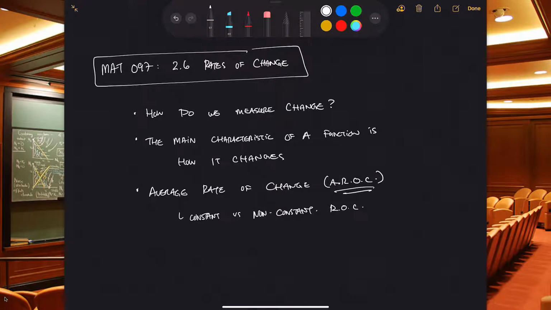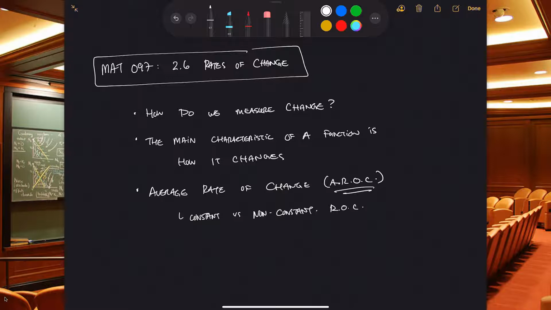So I'm going to start with a basic question of how we measure change. I want to make the point that the main characteristic, what we care about most about a function, is how it changes. So then measuring that should be an important thing that we do. And then the average rate of change as a concept and as a formula for you to use on different types of functions.